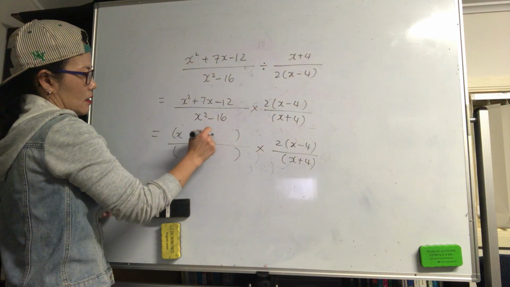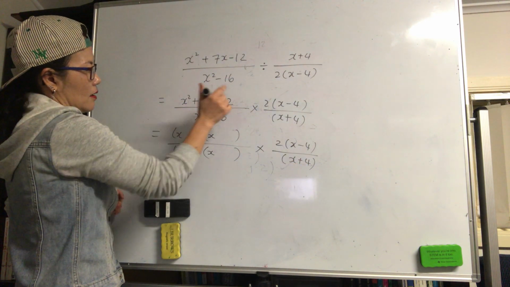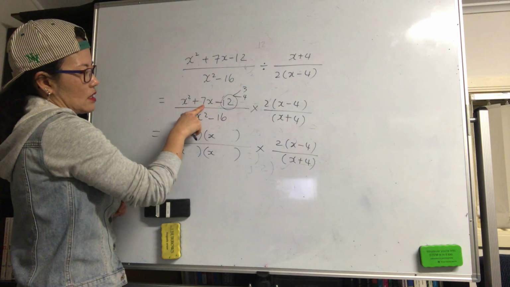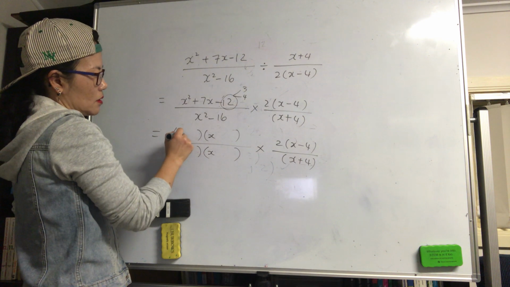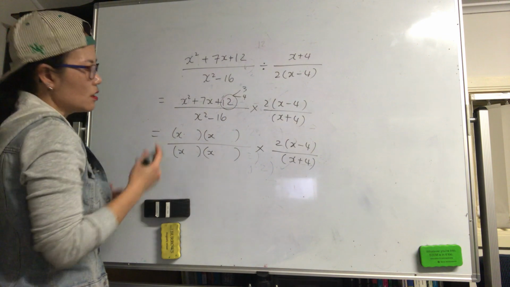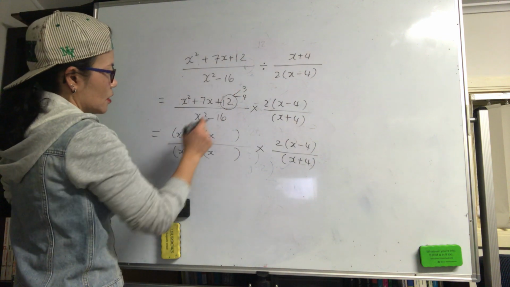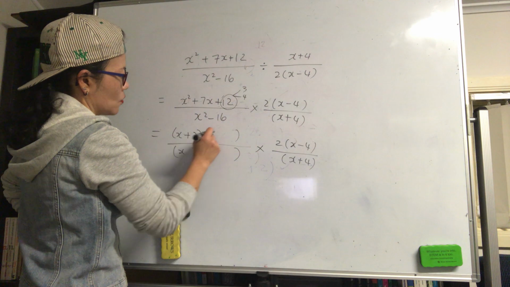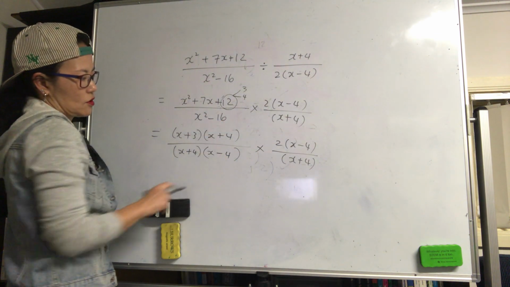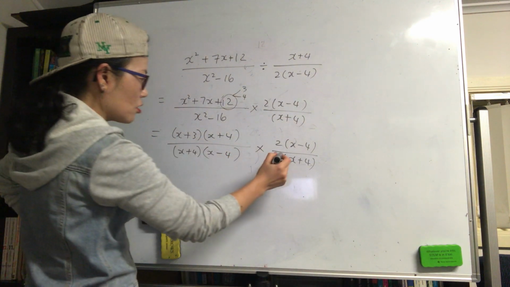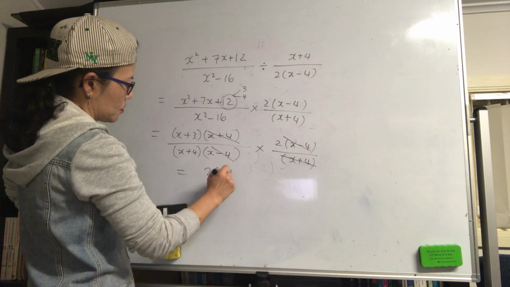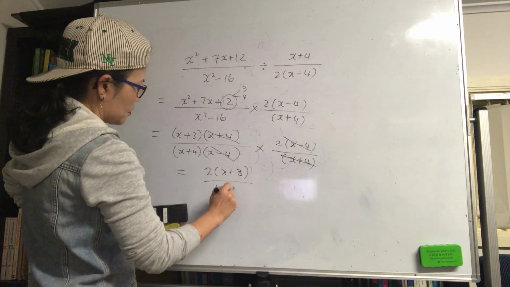So x, factors of 12 are 3 and 4, that will give me 7. Oh sorry, it was a plus. It's a lot easier now. So plus 3, plus 4. Okay, and then this one is plus 4, minus 4, because it's a difference of two squares. Excellent. So now we've got that, and it'll be 2 times x plus 3, x plus 4.